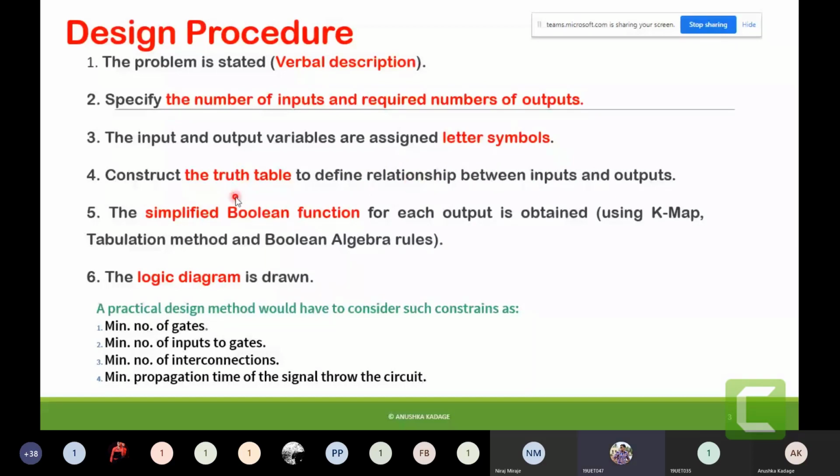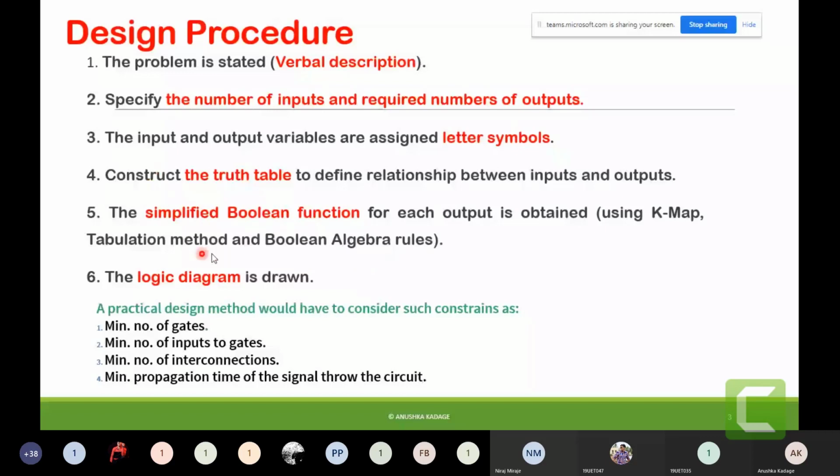Then, based on this, we have to obtain the simplified Boolean function for each of the outputs. For simplification of that Boolean function, we can use K-map, the tabulation method, or Boolean algebra rules, which we completed in all our previous lectures.